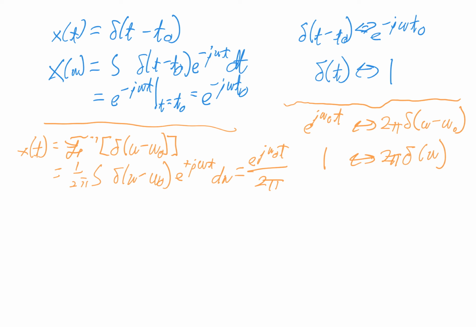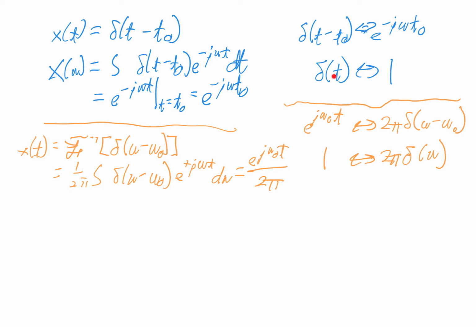So this DC value in time that's spread out forever becomes concentrated extremely narrowly into an impulse in the frequency domain. And conversely, if you have something that just occurs at one instant in time and has area 1, it will spread out completely and have all the frequencies in the frequency domain.